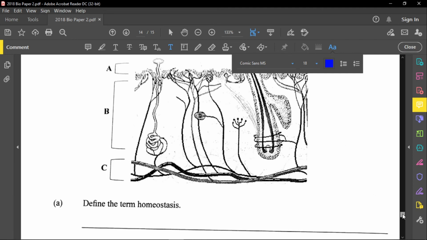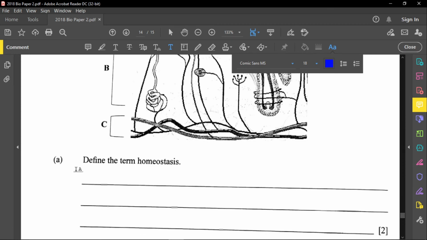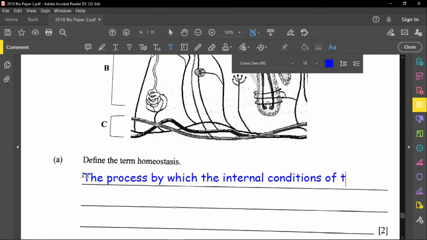All right, so here it says define homeostasis. Homeostasis is a process. It is the process by which the internal conditions of the body are being maintained.